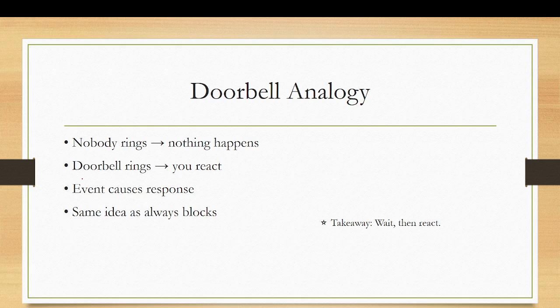Let's make this intuitive. Imagine you are sitting at home. Nobody rings the bell. Nothing happens. What do you do? Nothing. You continue sitting. The moment somebody rings the bell, the doorbell rings. You stand up, you open the door, you react, then you wait again.